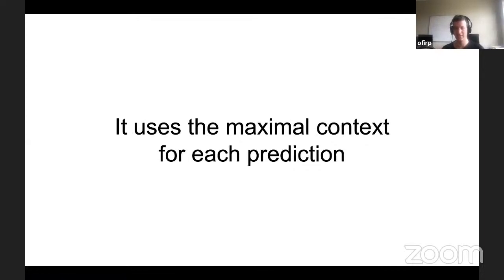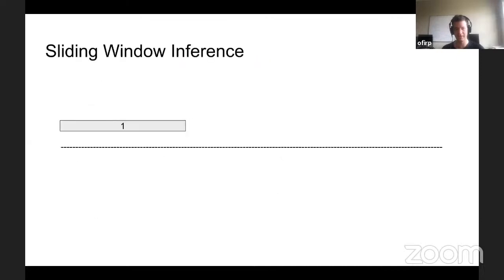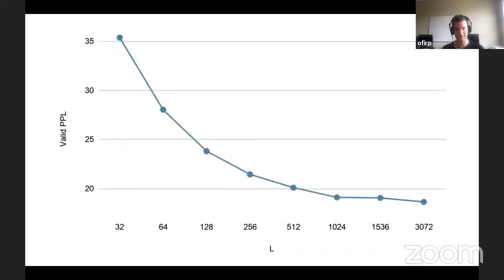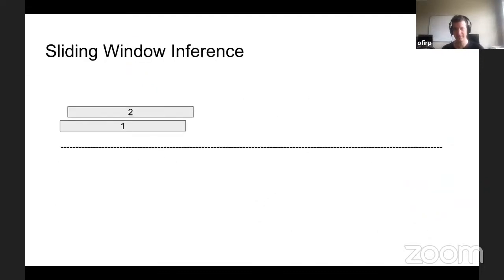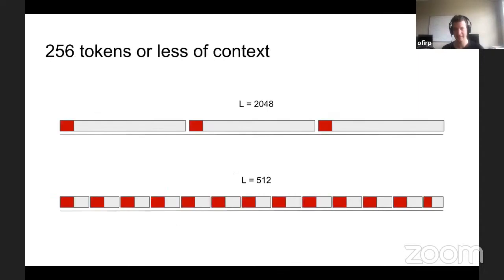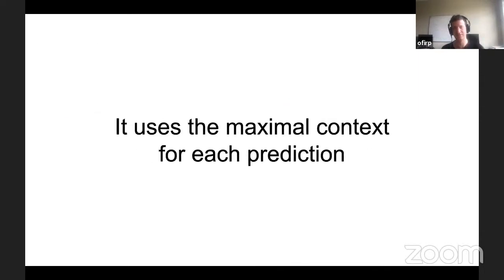And so one of the reasons why in this chart here, these models do so badly, and the difference between the 1,000 and the 3,000 here is really significant, might not be because this model is actually weaker. It's just because it's getting less context for each of its predictions. So when you slide this window across, it's just a much fairer and better comparison.